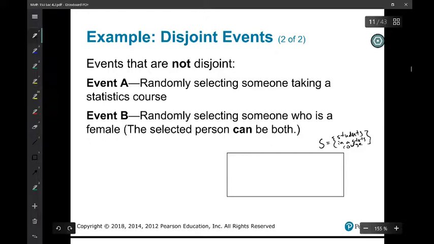And you might have some division. A is equal to female students.